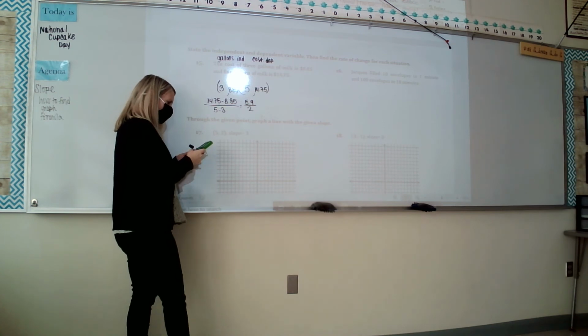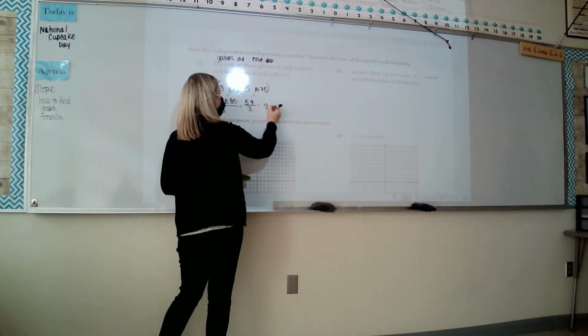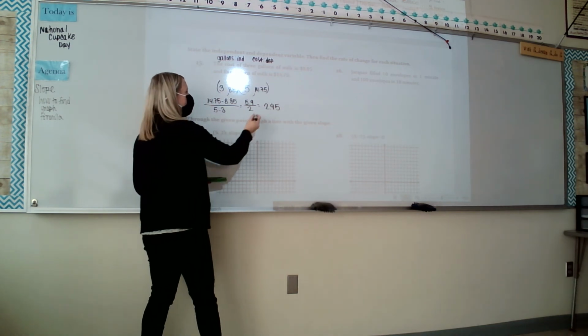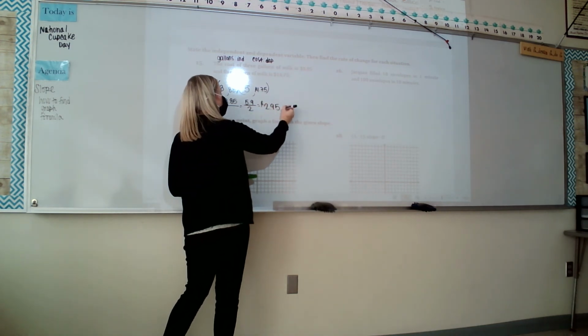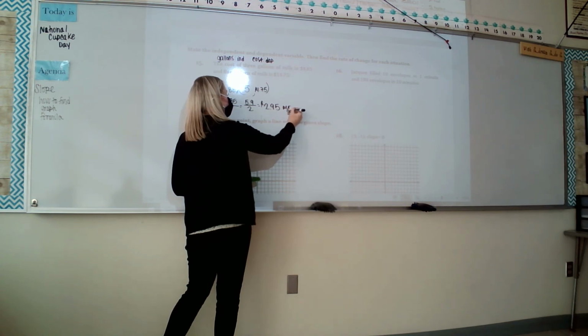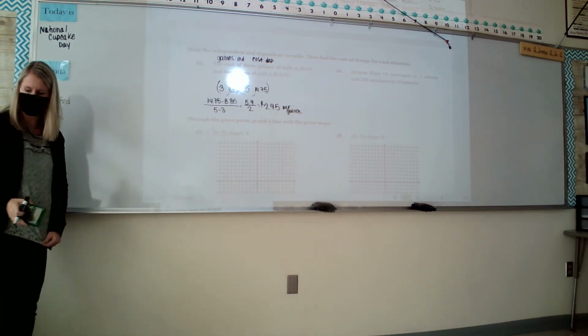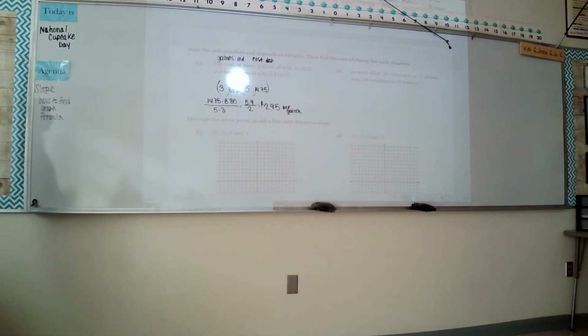And when I divide it by 2, I get 2.95. So when we think about what that means, that's $2.95 per gallon. So I was really just finding the cost of 1 gallon of milk in that case. 16 we'll do in a second. I'm just gonna show you one of these and then you guys are just gonna try a few and we'll kind of wrap it up.